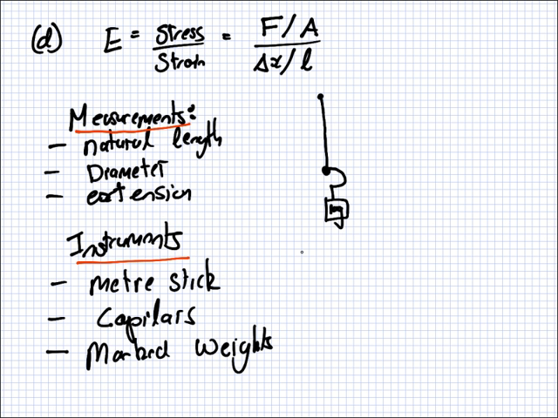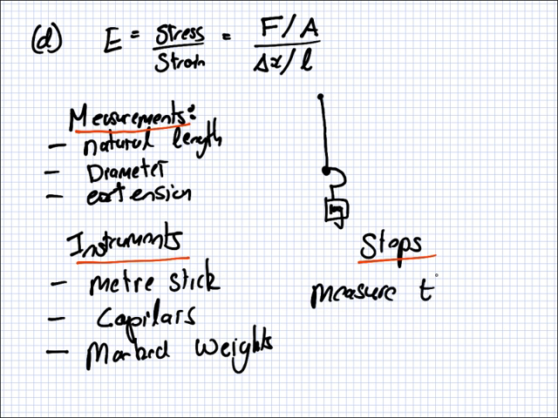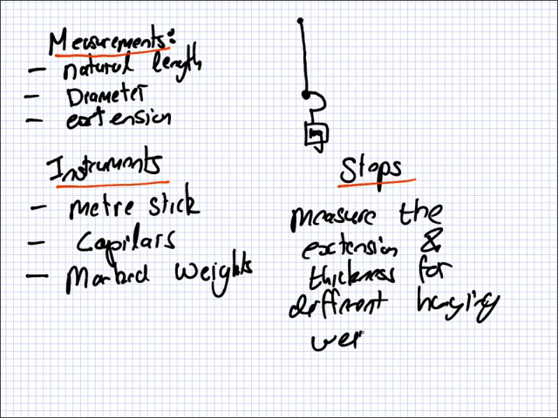So what are the steps here? The steps would be: measure the extension and thickness for different hanging weights.